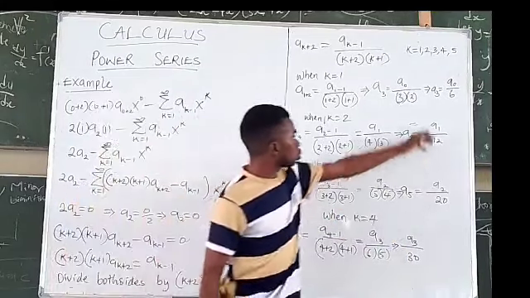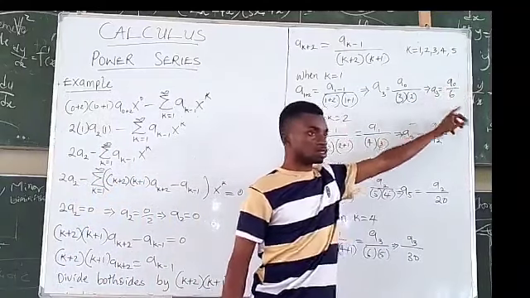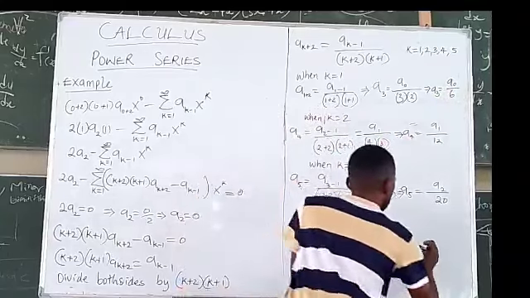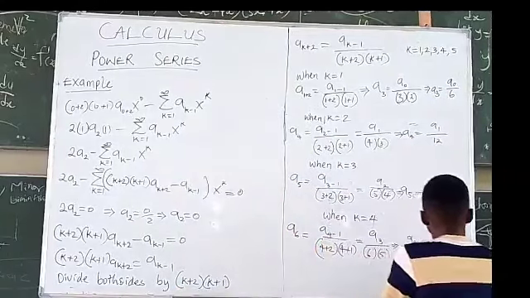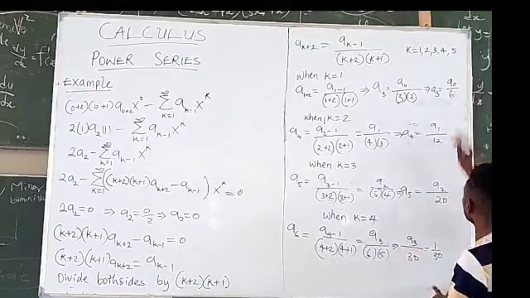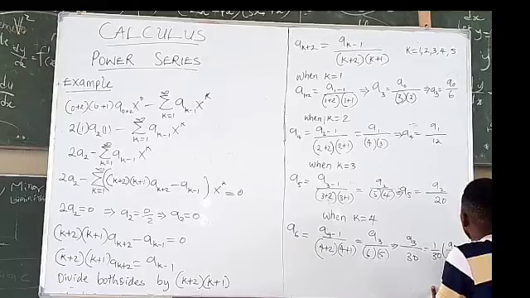But if you watch, our a3 from here is a0 all over 6. So we're going to substitute this 1 over 30 multiplied by our a3. And our a3 is now a0 all over 6.